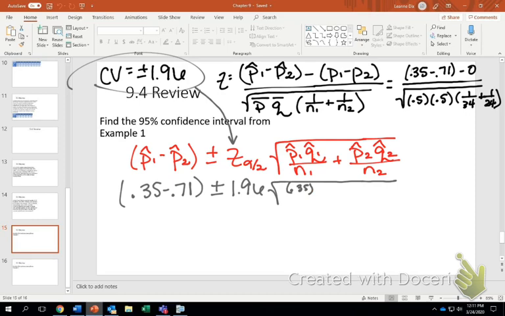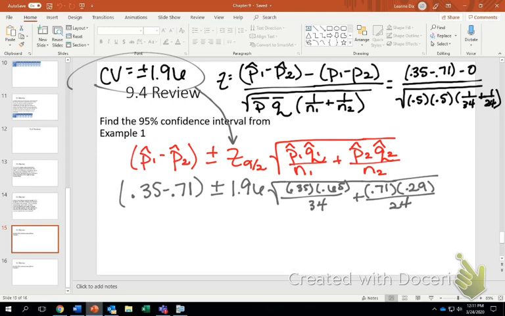And then remember, q is just the complement, right? So our complement of our first proportion is going to be 0.65. 1 minus 0.35 is 0.65 over our sample size was 34, plus 0.71 times 0.29, all of that over 24.